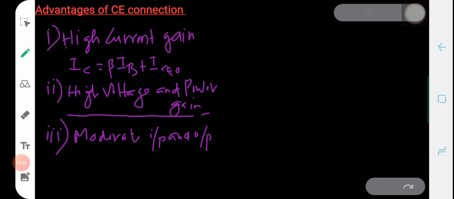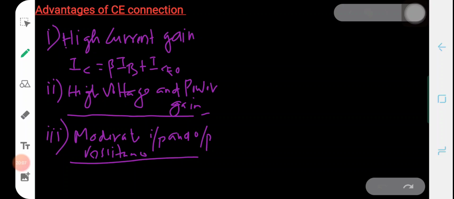That means they are moderate, and the moderate input and output resistances allow this transistor connection to be used for the best coupling. Coupling means one stage of the transistor amplifier can be connected to the next stage so that not much impedance mismatching occurs when they are coupled together.